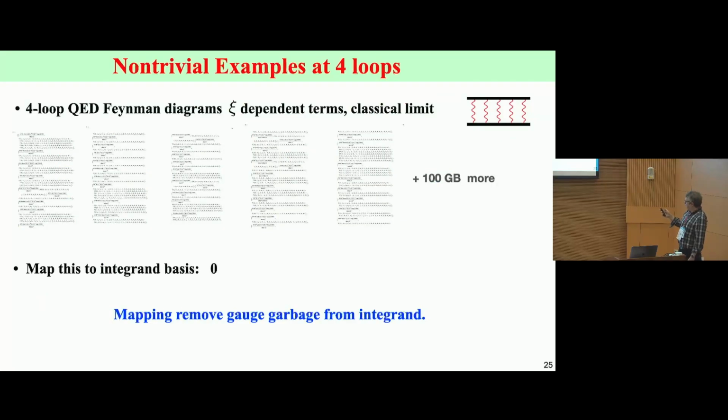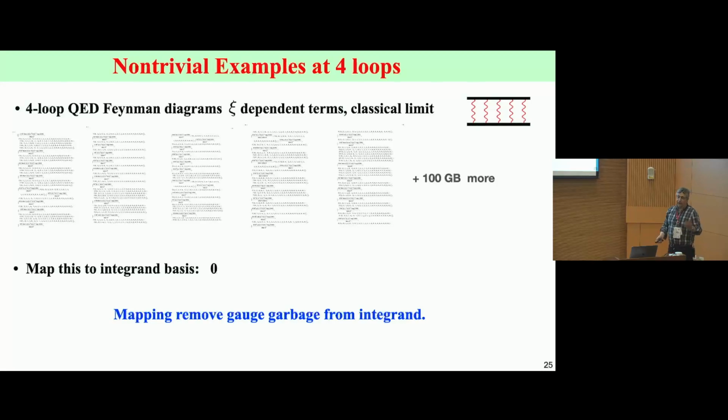Here's the gauge check at four loops, what it looks like. So I just showed you a little bit there. You can barely read it. These long things there, those are names of integrals in what's called FIRE notation. Anyway, the usual notation for integration by parts. I showed you a little bit. There's another 100 gigabytes of this stuff. This is the terms that depend on the gauge parameter.